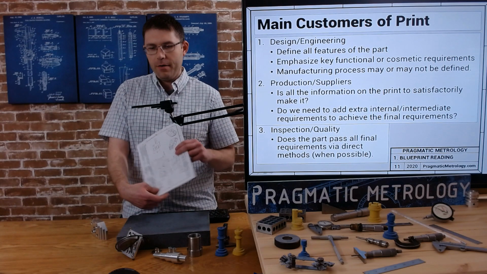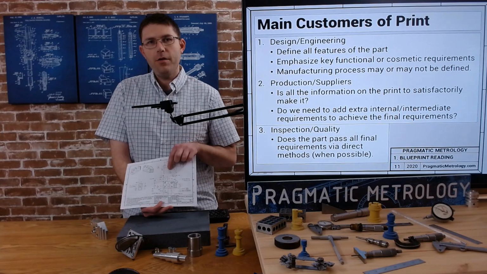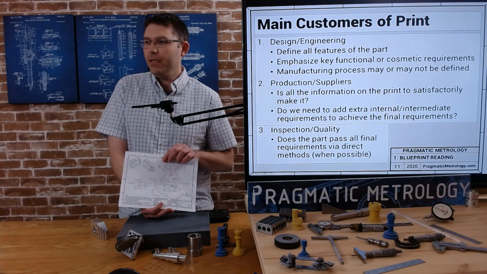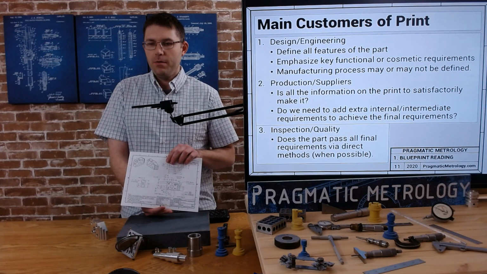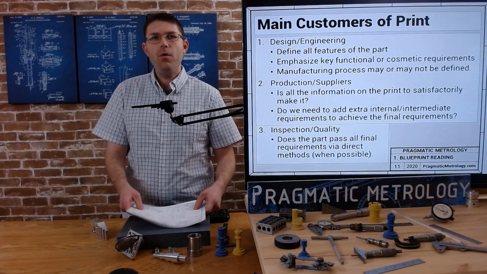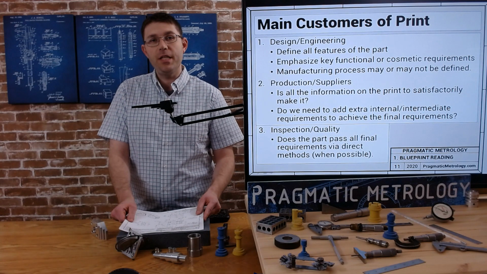At a bare minimum, you have to define the size and the location of every feature. That's all. And I've been in situations, as have many engineers, where that's all they need to do. How they achieve that goal is not as critical as completing it.